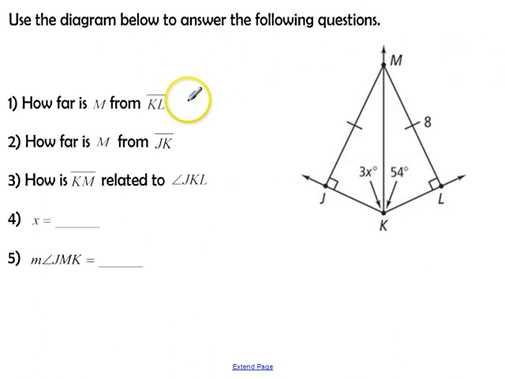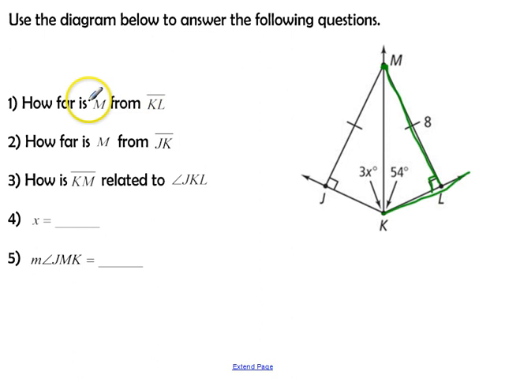The first question asks us, how far is M from KL? So here's point M, and here's segment KL. Remember, we define the distance from a point to a line as the length of the perpendicular segment. So ML is the perpendicular segment from point M to that line.